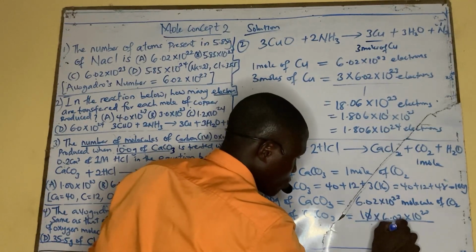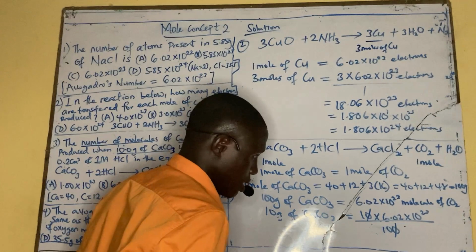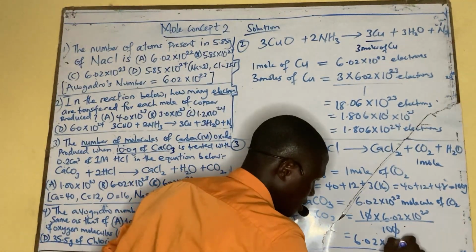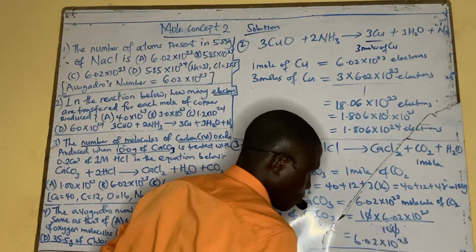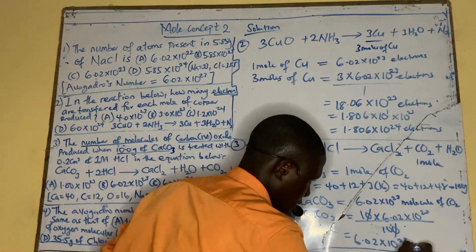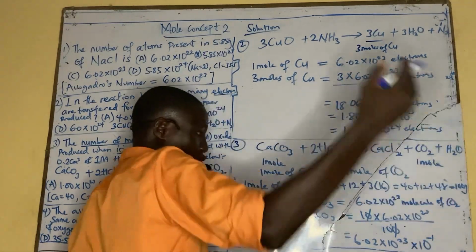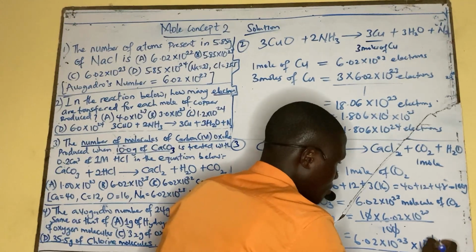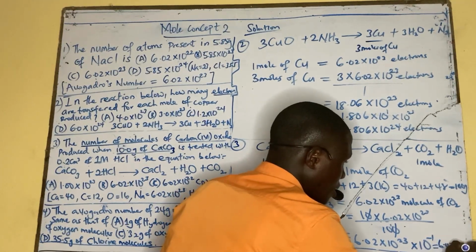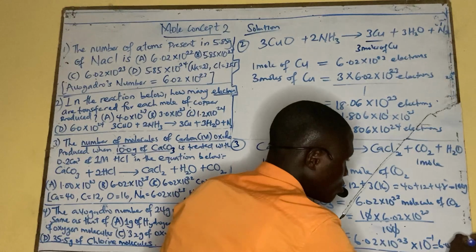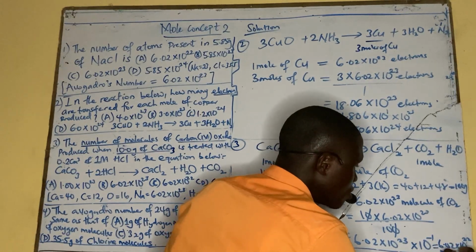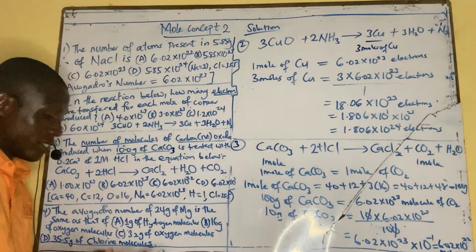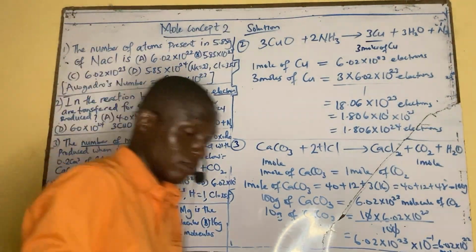So this one cancels one of the zeros, so we will have 6.02 times 10 raised to power 23 times 10 raised to power minus 1. According to the law of indices, 23 minus 1 is 22. So we have 6.02 times 10 raised to power 22 molecules of carbon 4 oxide. So that is that about that. Now lastly, let's check the last question.